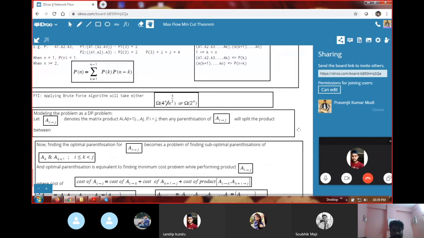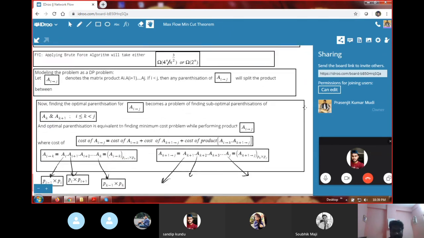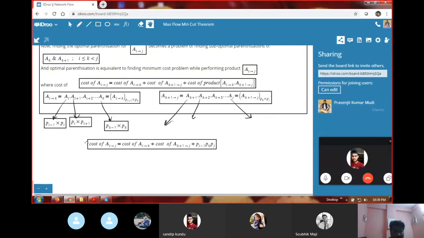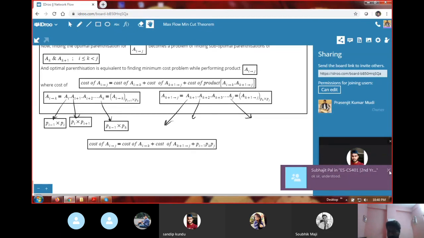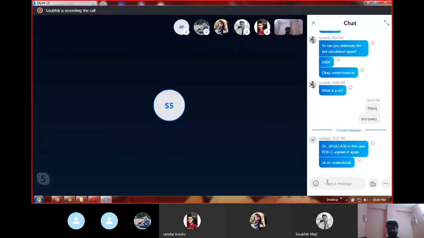And Pn follows a recurrence relation. And even here, what we have found is that we have modeled the cost function, which is nothing but a recurrence of costs of two subsequences or submatrix products, A i to k and A k plus 1 to j. Any other query?